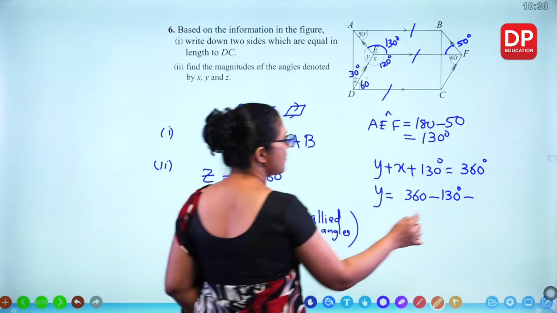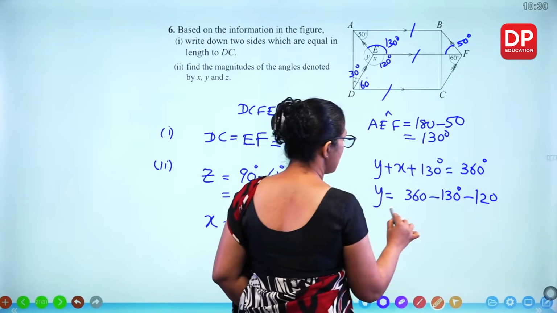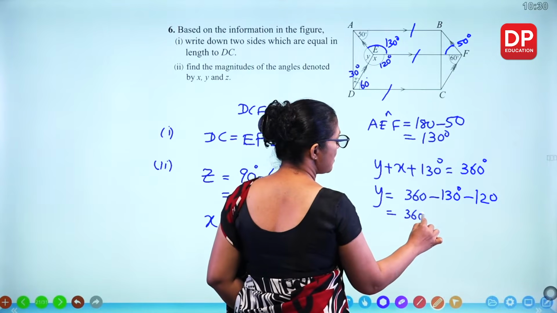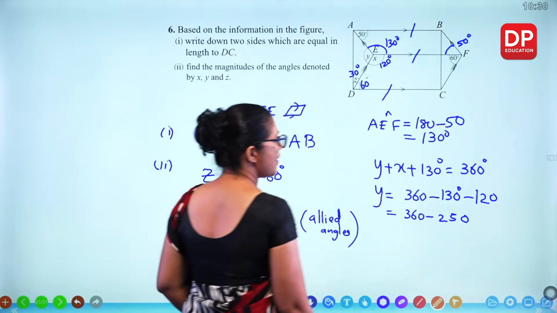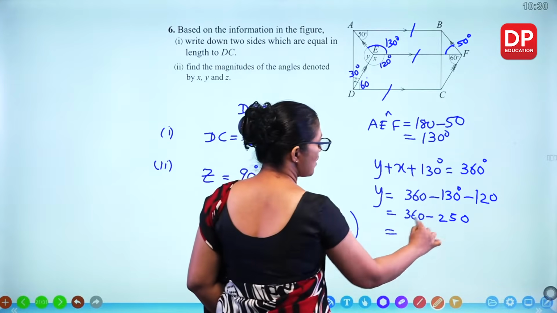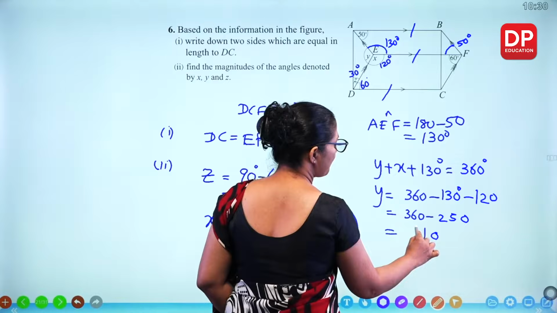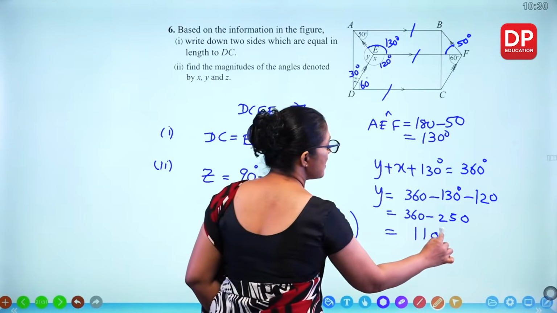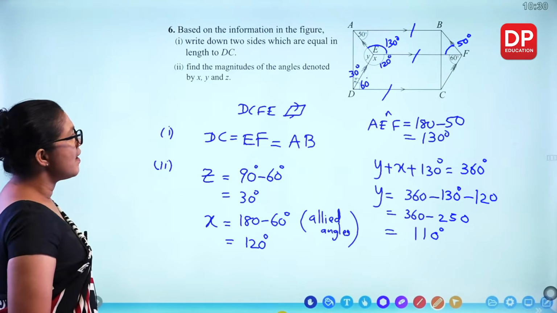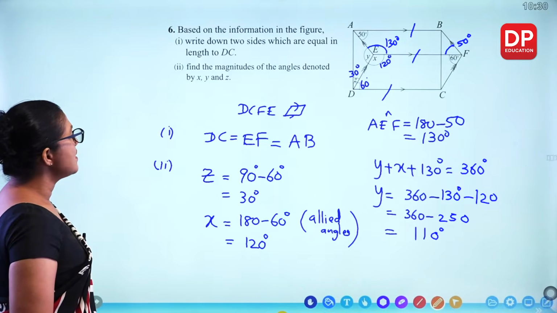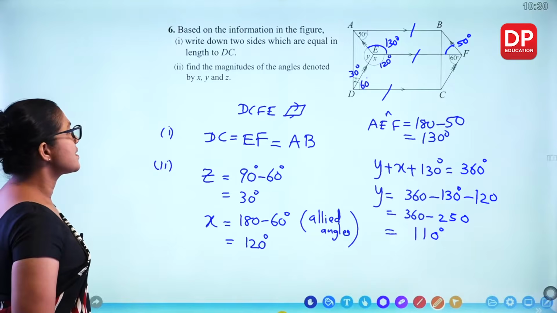X value is 120. So 360 minus, when you add these two, you get 250. When you subtract, you get 110 as the Y value. So we found X is 120, Y is 110 and Z is 30 degrees.